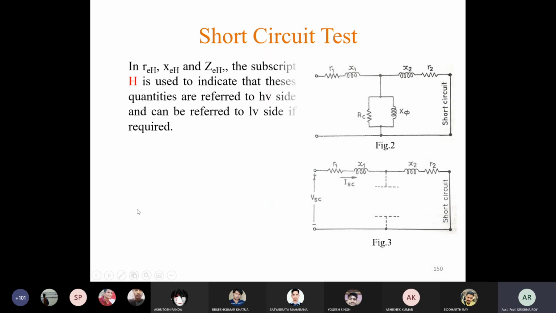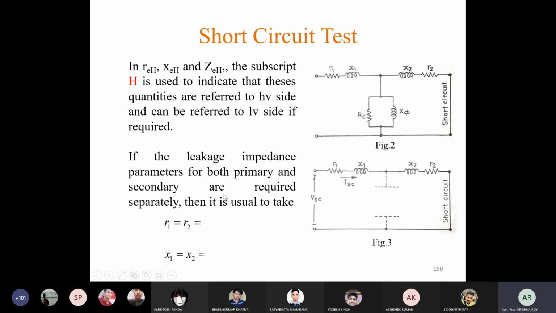Actually, there is no fixed method to separate these parameters. We assume that they are equal, so we simply divide them. R1 equals R2 equals half of RE, and X1 equals X2 equals half of XE. Clear?